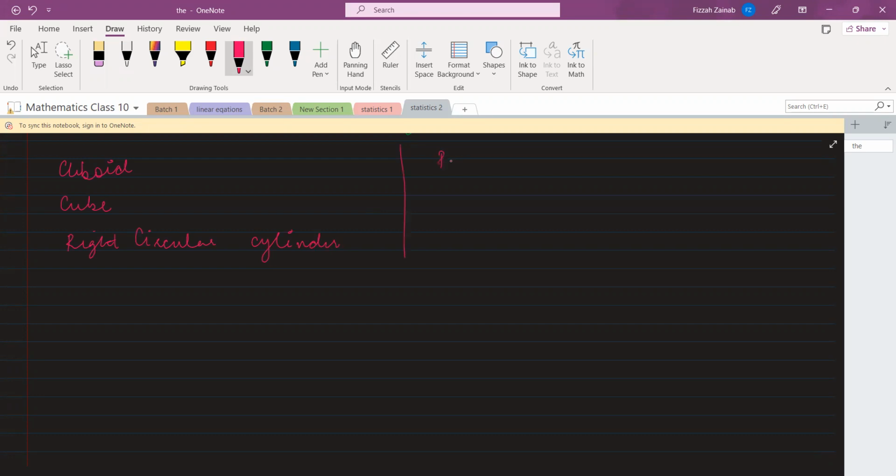And then you also have right circular cone, and then sphere and hemisphere also, just half of it, right? Hemisphere. And also the spherical shell.